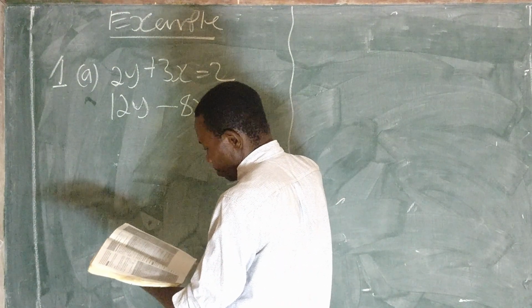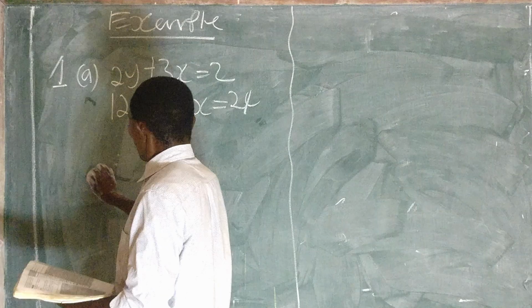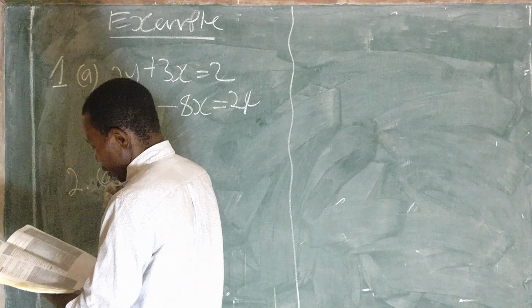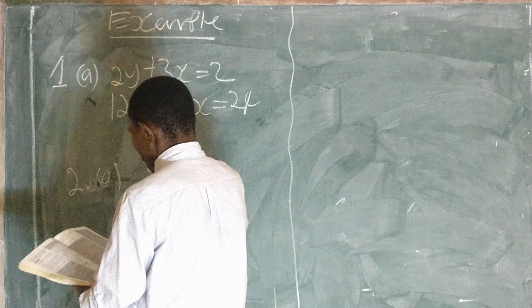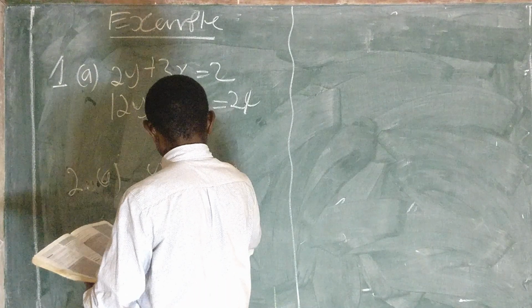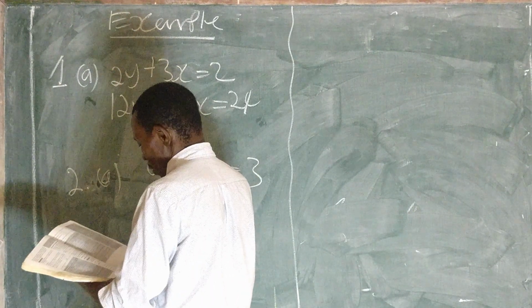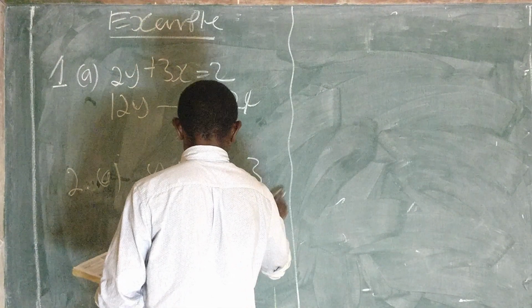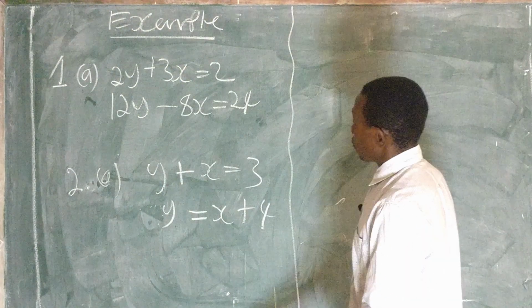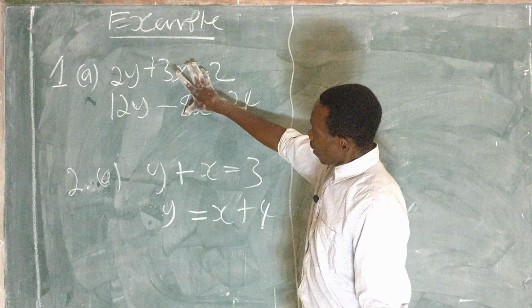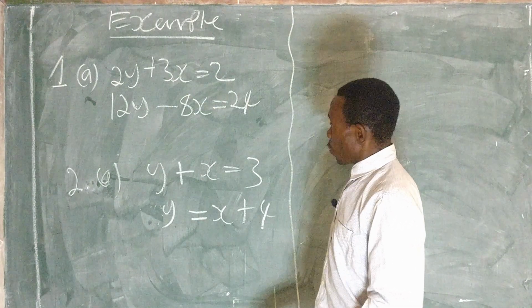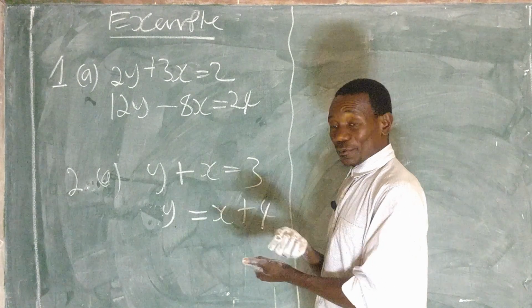And this other pair, we have y is equal to x plus 4. So the question is: are the two equations perpendicular to each other?